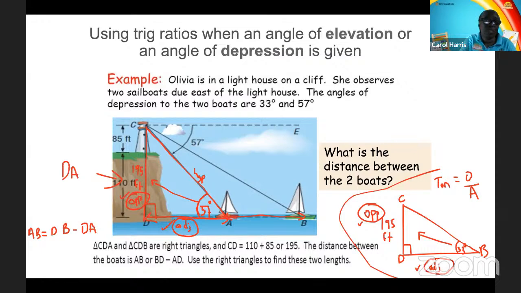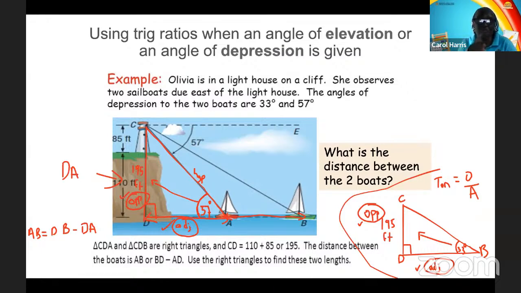Do I know the hypotenuse? No, miss. I know an angle. So it's basically whatever you know that you would use to determine which trig ratio to use. Since I know an angle and the side opposite to the angle, and I need to find the side that is adjacent.